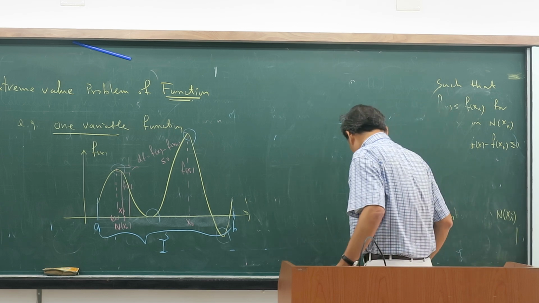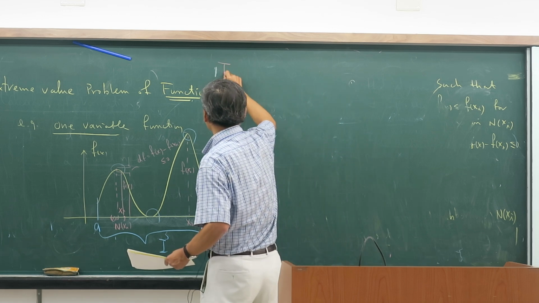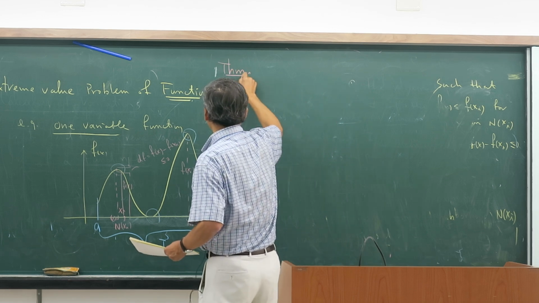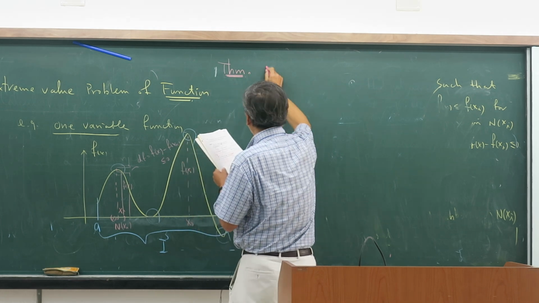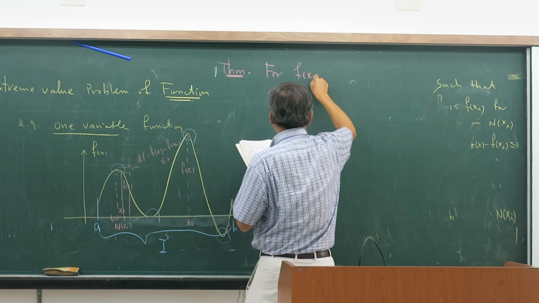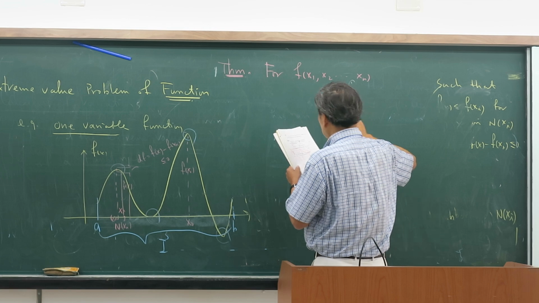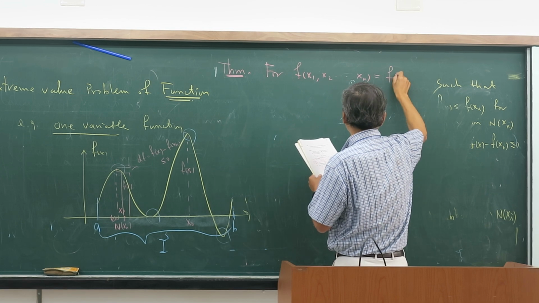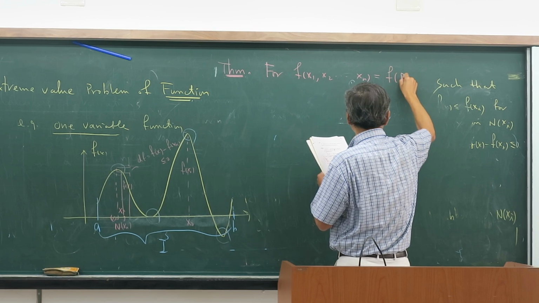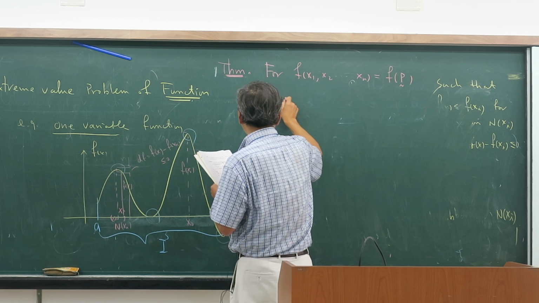Now let's extend the theory to multiple variables. The theory for f of x1, x2, ..., xn.